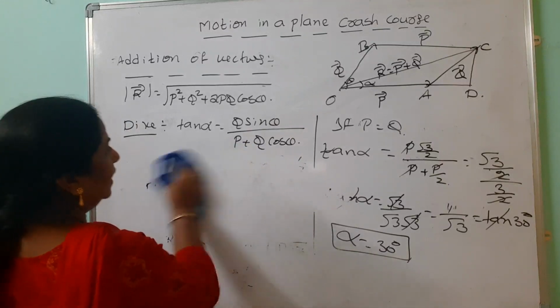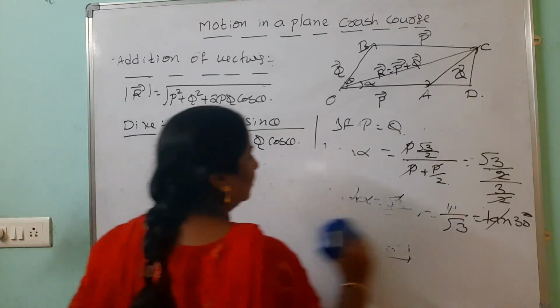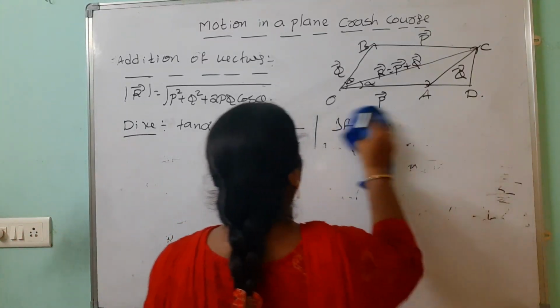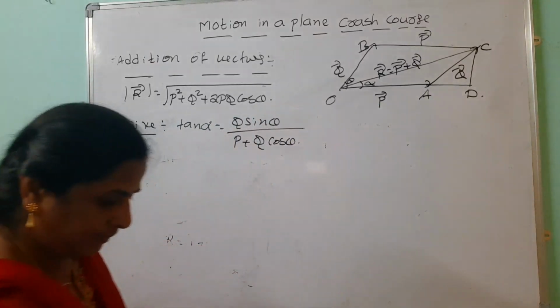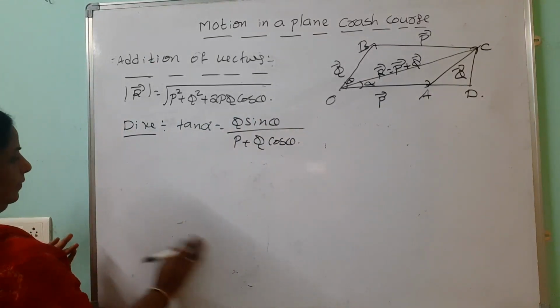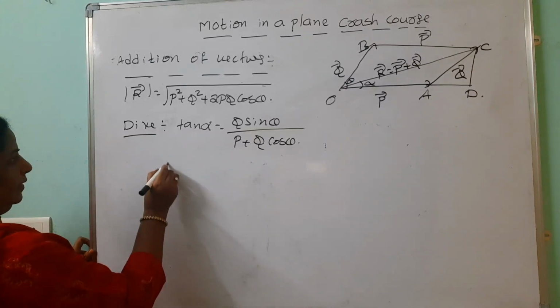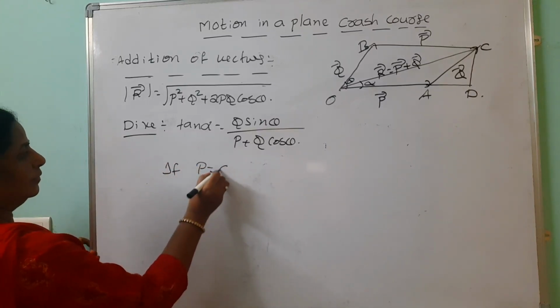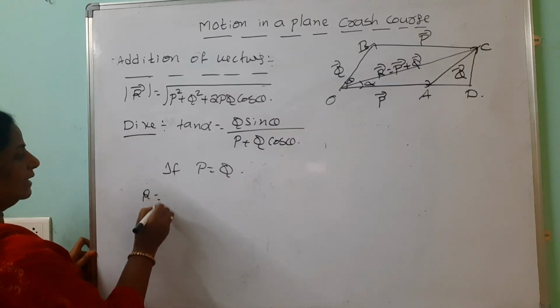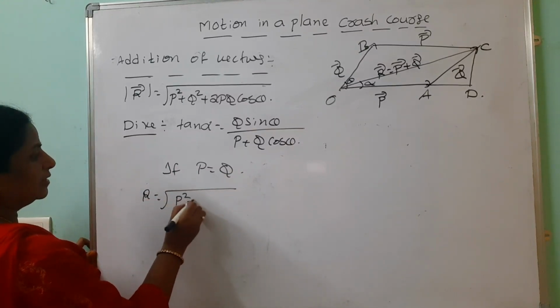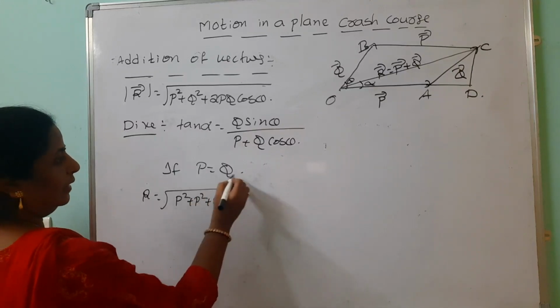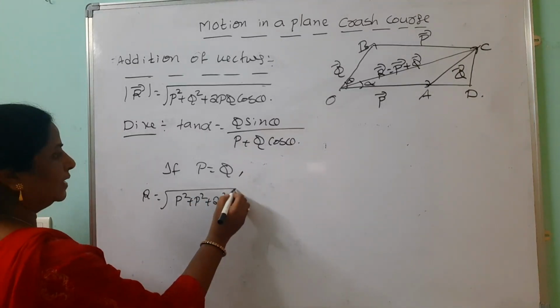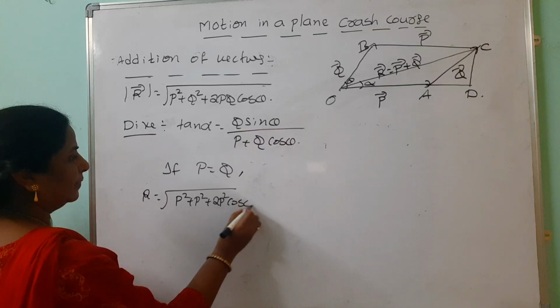Our next case is when P equals Q. If P equals Q, then what about the resultant? How to find out the resultant? R equals under root P square plus P square plus 2P square cos theta.